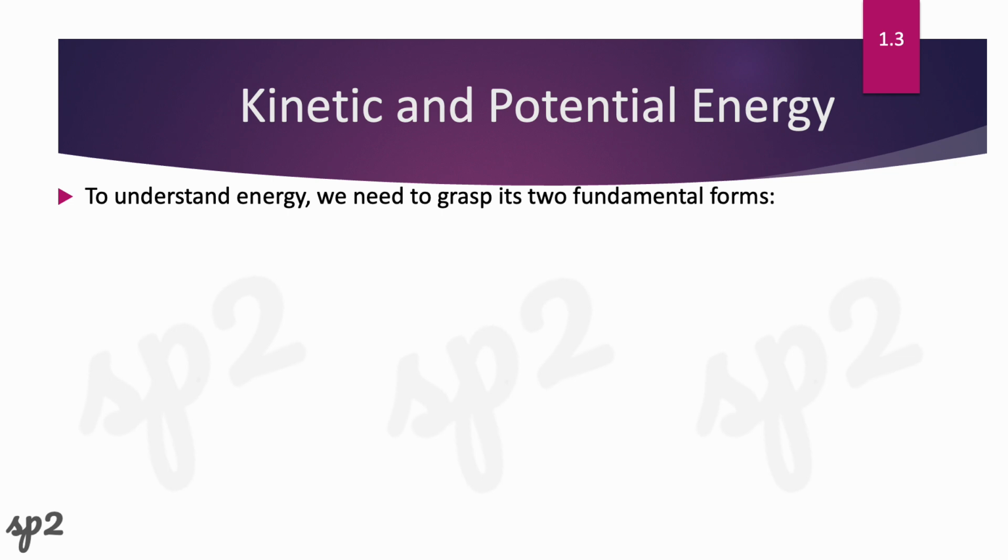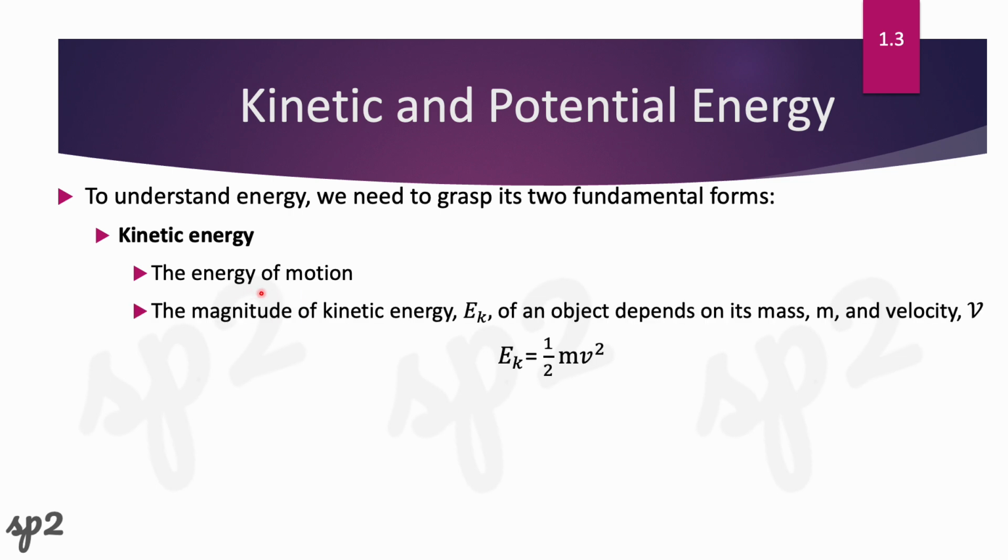Okay, so to understand energy, we need to grasp two fundamental forms of energy. The first one is kinetic energy. Think about it as the motions, right? Collisions, the movement that we have in our system. And if you try to calculate your kinetic energy, we need to know the mass of our object, so the size of the object, as well as velocity.